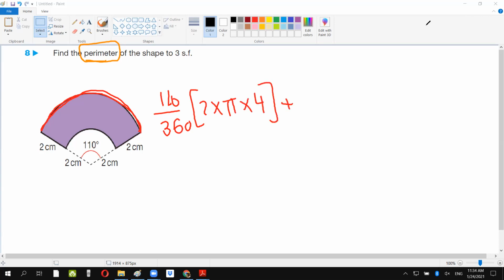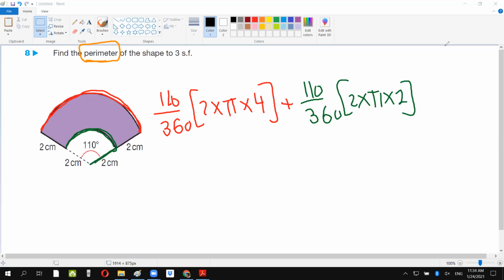The second curve is a small curve: 110 out of 360, 2 times pi times r, where r here is 2. Clear? Yes, I said that I want the borders.